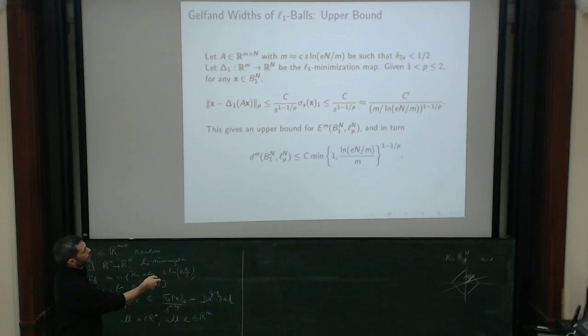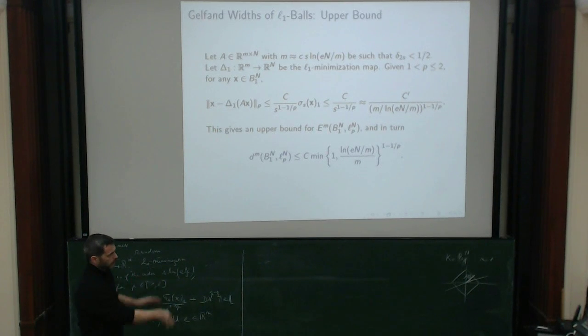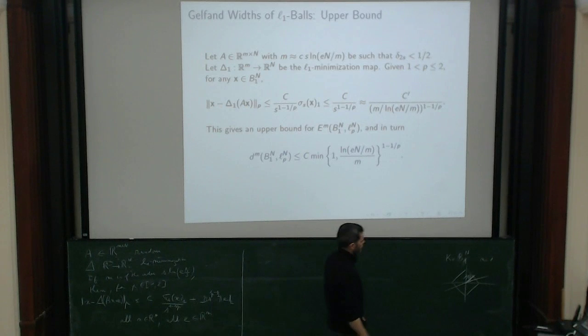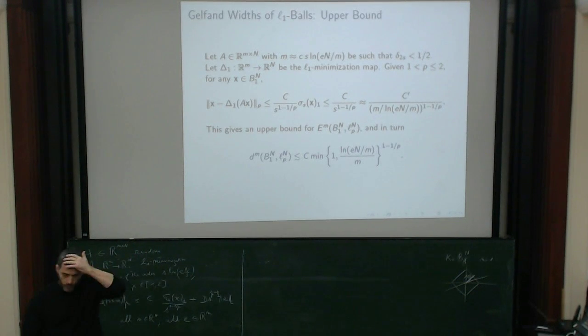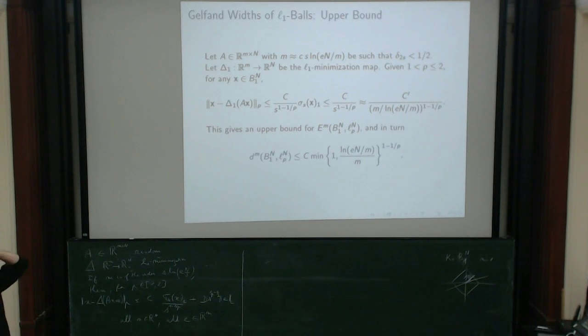In fact, it's also smaller than 1. If you look at what we're doing, the L1 ball, if you cut it, this diameter will always be less than 1. So there is a minimum of 1 and this log over m, and we have to put the minimum of 1 and that, otherwise it's not correct.